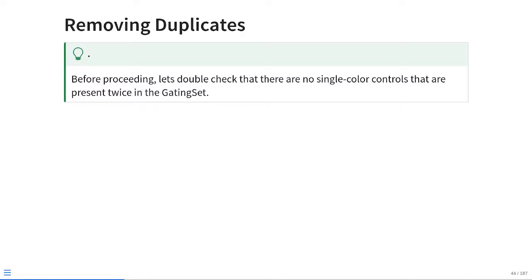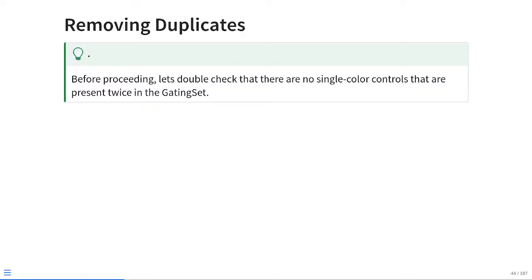So before we go ahead and proceed, there's a couple things we should double check, especially for this gating set. A lot of repository data will often have duplicated single color controls. Many of these are because maybe you did not know originally if your original antigen fluorophore combination was going to be bright enough, so for those reasons you included an additional CD3 of that same fluorophore to handle that particular edge case.